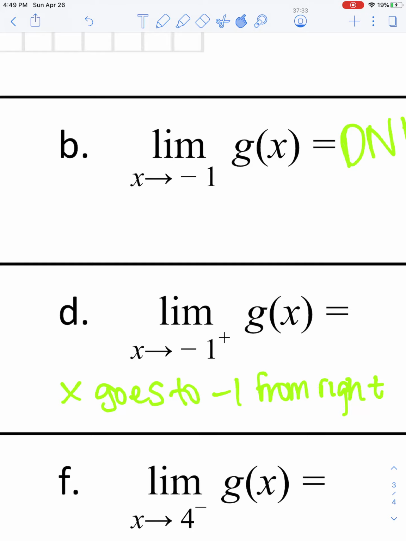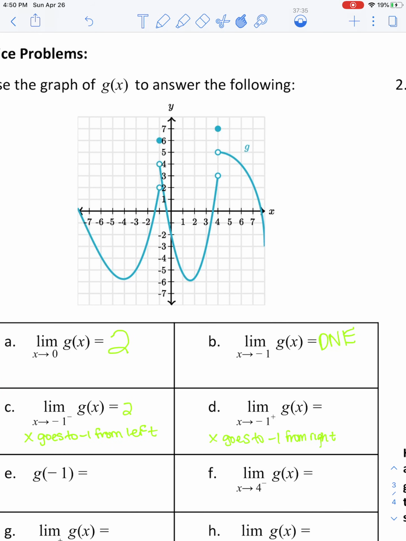Looking back at our function, if we trace g of x from the right of -1, we see that it's going all the way up here to +4.